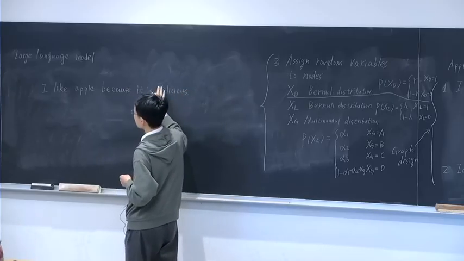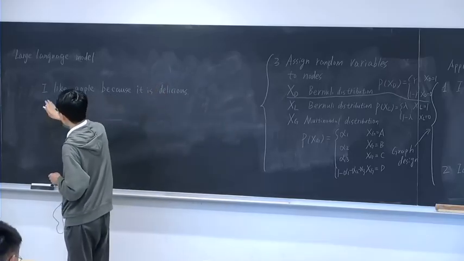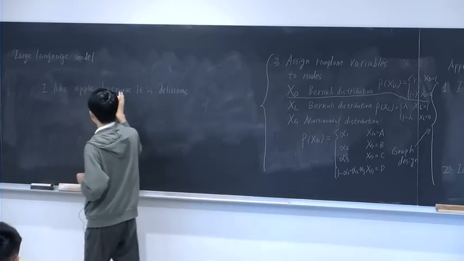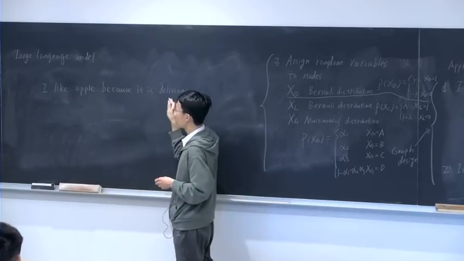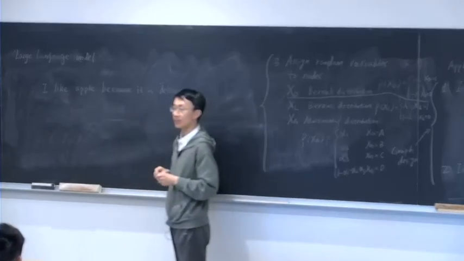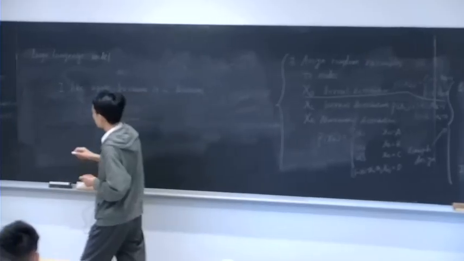So we have a sentence like this. Now we want to build a distribution over this sentence, or a distribution over any sentence. Let's follow the 5 steps.